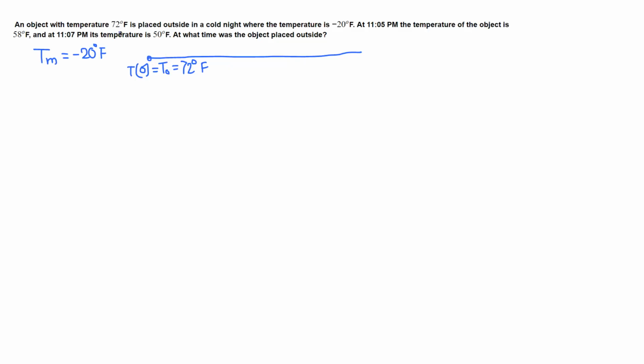We don't know when we put this object outside, but at the time 11:05 p.m. the temperature was 58 degrees Fahrenheit, and at 11:07, after 2 minutes, the temperature is 50 degrees Fahrenheit. Now the question is, at what time was the object placed outside?